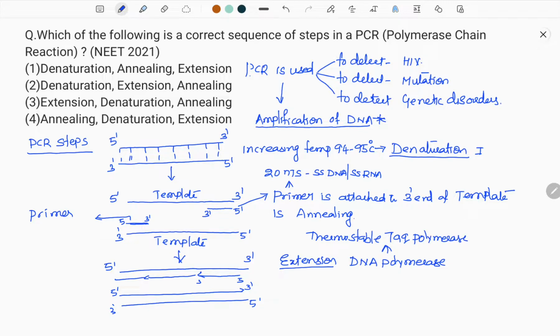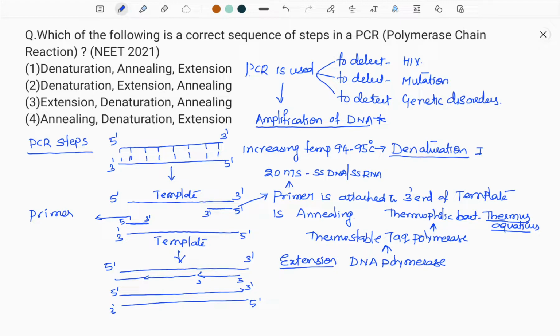From which organism is it extracted? It is extracted from a thermophilic bacterium called Thermus aquaticus. From this bacterium, Taq polymerase is extracted. This Taq polymerase is used as the DNA polymerase in the extension process, that is in 5 to 3 direction in a template dependent manner.